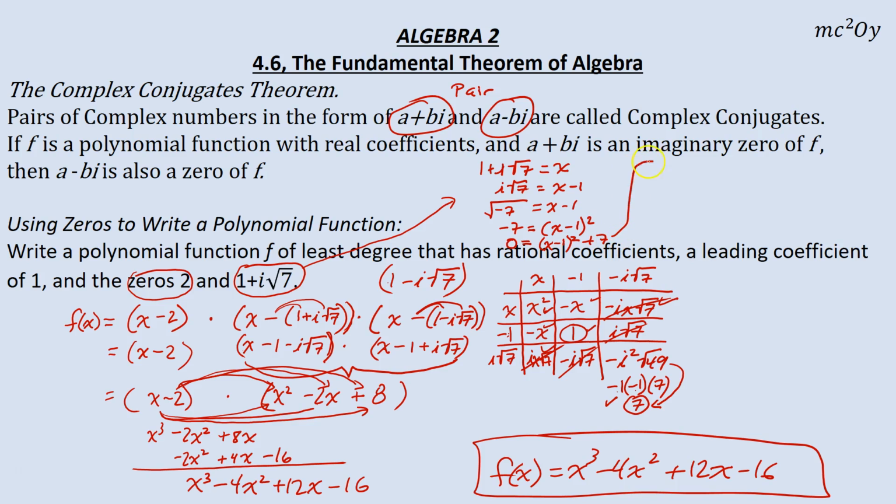If I multiply the x minus 1 squared out, that's x squared minus 2x plus 1 plus 7. That gives me x squared minus 2x plus 8.